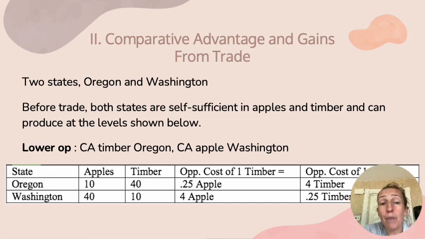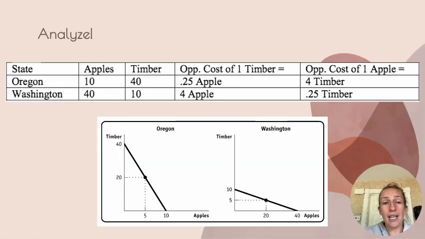For the opportunity cost of the other, we're going to see obviously 40 over 10, which is 4 timber, and then you do the same for Washington. If we look at it in graphical form, it will look something like this, and whoever has the lower opportunity cost should be the one making the product in terms of comparative advantage. And then, of course, this is something we just need to practice, and it would be the opposite for labor hours, which you'll see in a following video.